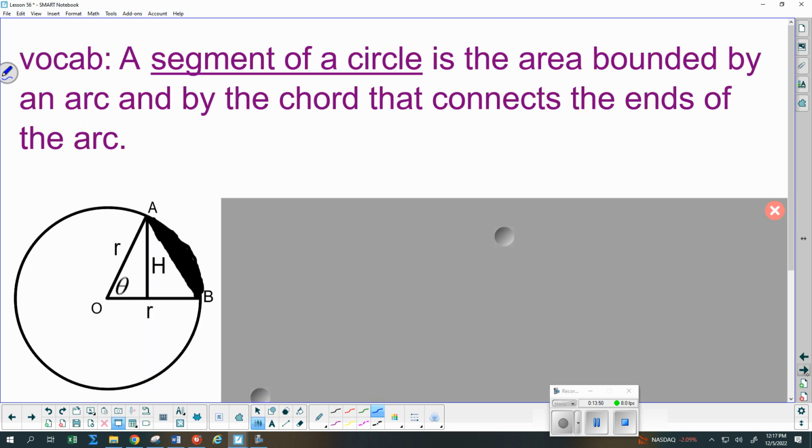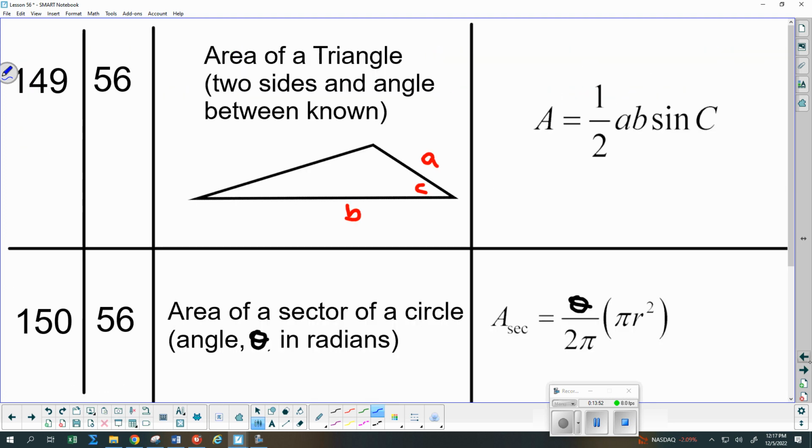All right, then to transition to a segment, I want us to review area of a sector. A sector is a piece of pie. We take the fraction, the number of degrees out of 360 times pi r squared.